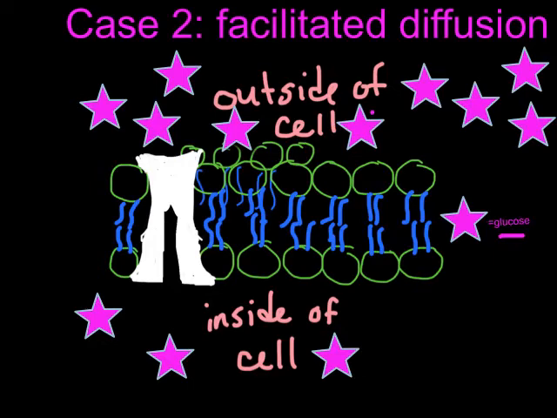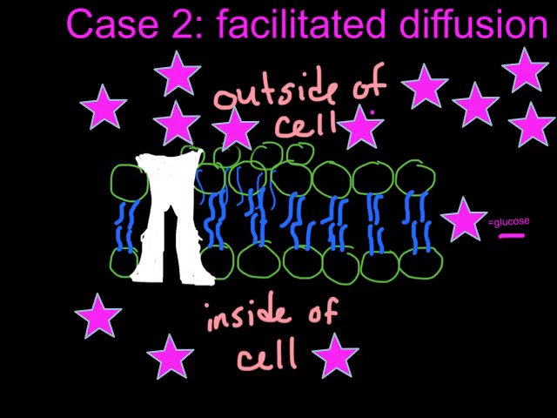So here, since it won't let glucose through, that glucose has to find another way to get into the cell. Again, since this is passive transport, the molecules are going to want to move from where they're really highly concentrated, which is out here on the outside of the cell, to where they're less concentrated, which in this case is on the inside of the cell. How they're going to get through is they're going to use this little tunnel called the transport protein.